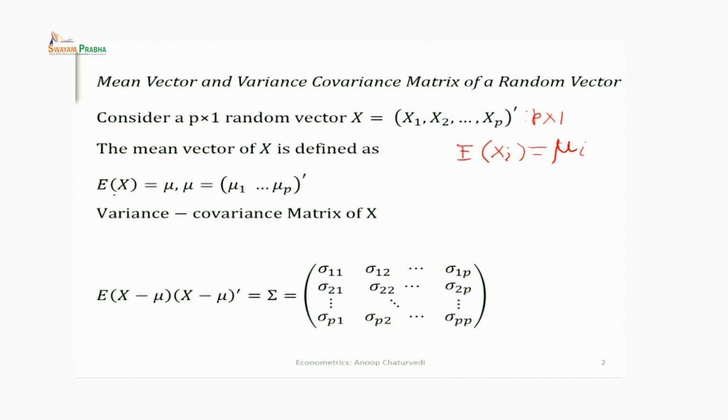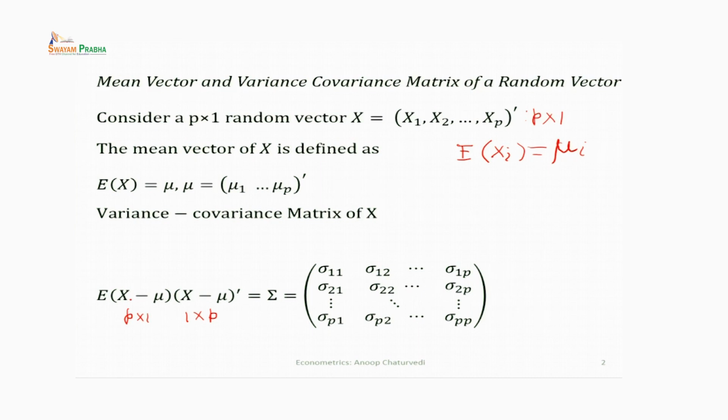So, you get expectation of x equal to mu. Then the variance covariance matrix of x is defined as follows: we take (x minus mu)(x minus mu) transpose, and then we take expectation of each of the components of this matrix. Obviously, x minus mu is of order p cross 1 and its transpose is of order 1 cross p.